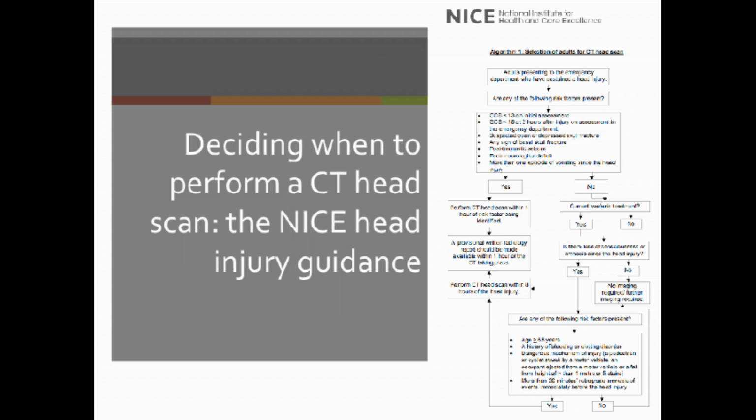Those being that a patient has a Glasgow Coma score of less than 13 on initial assessment, or has a Glasgow Coma score of less than 15 at 2 hours after assessment, a suspected open or depressed skull fracture, or any sign of basal skull fracture, has had a post-traumatic seizure, has a focal neurological deficit, or has had more than one episode of vomiting. If your patient has had any of those features, it's quite straightforward. Then you should request a CT head scan, and that scan should occur within 1 hour, and a report be available for that patient.